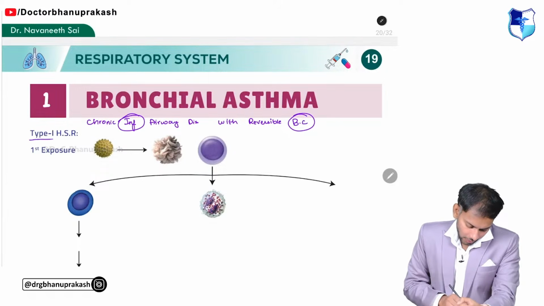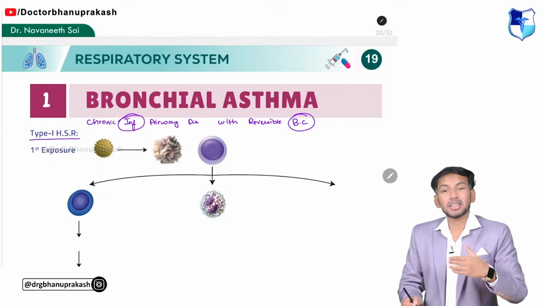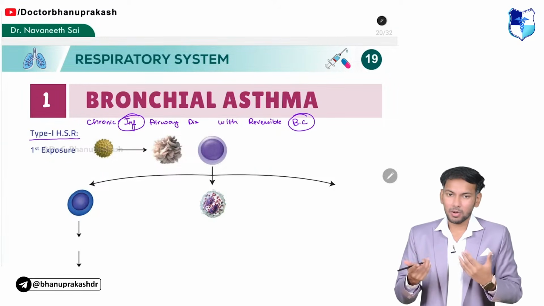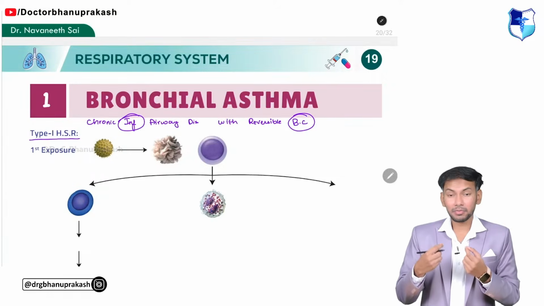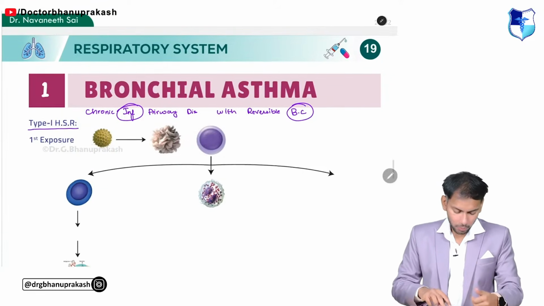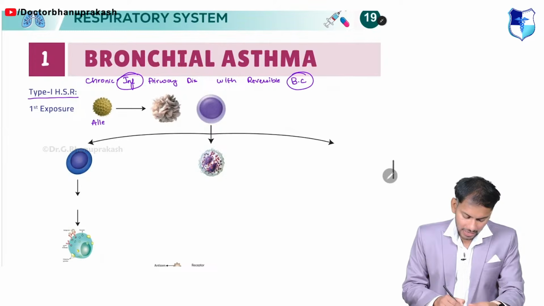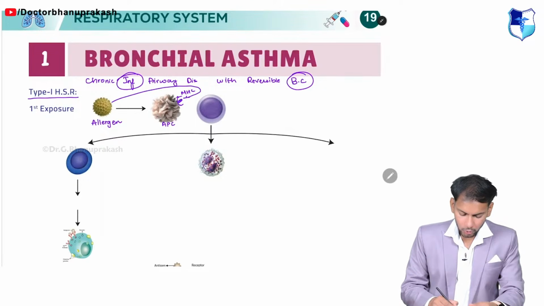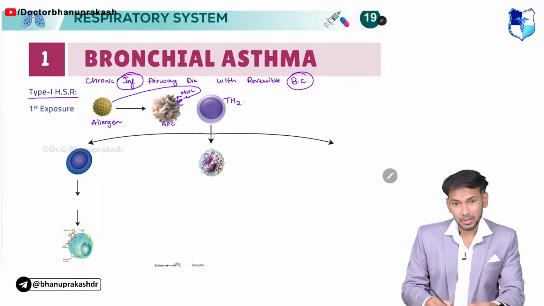Now, bronchial asthma is a type 1 hypersensitivity reaction. Why? Because it is an allergy. Now, how is this allergy happening? Whenever there is first exposure to the allergen, this allergen is picked up by an antigen presenting cell. It has an MHC that will show this allergen to the T helper 2 cell.